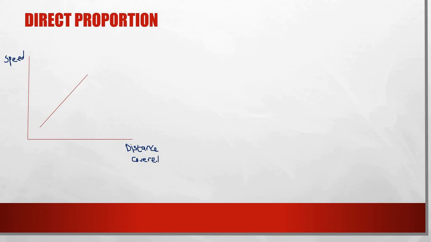That's what the graph is all about. So the more the speed, the more the distance covered. The less the speed, the less the distance covered.